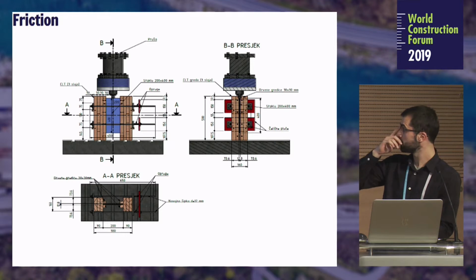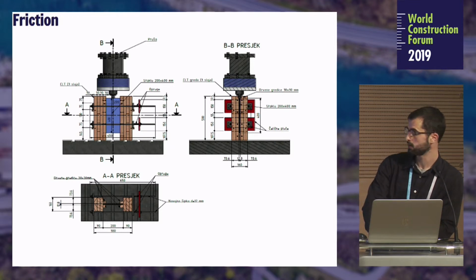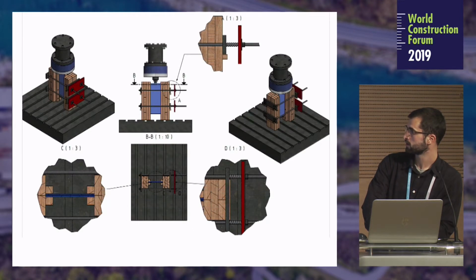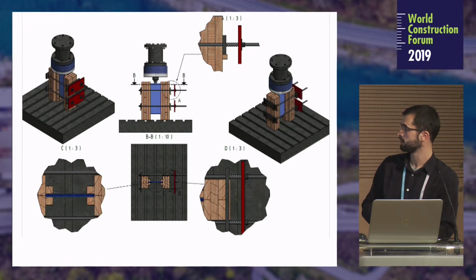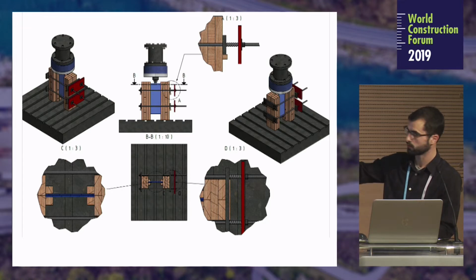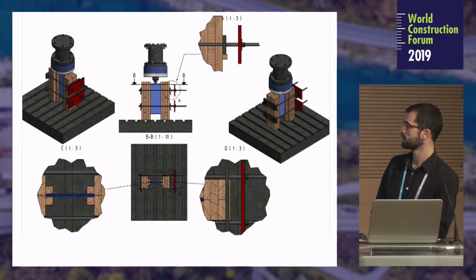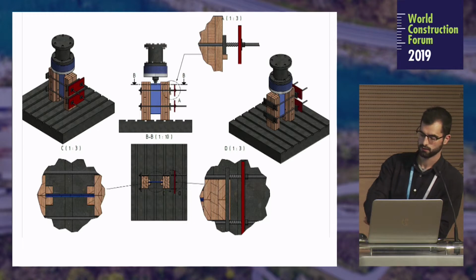This is a 3D model, actually in this picture a 2D model, with all the parameters and materials, and in these pictures you can see some of the details. It was two timber elements with glass infill between them, and we put some lateral force to determine the friction coefficient and the friction force.